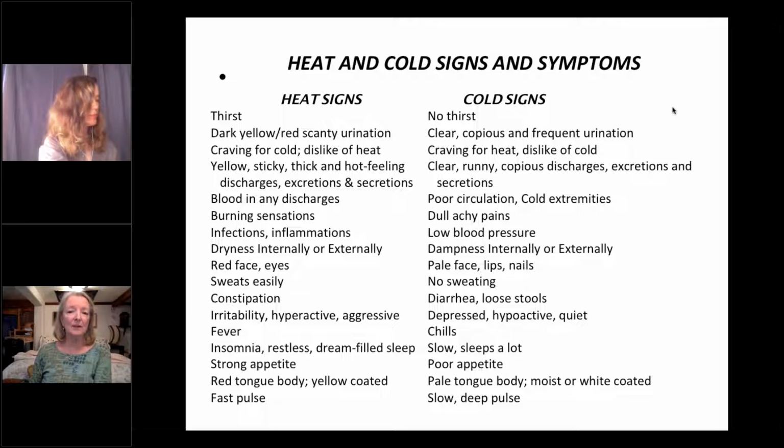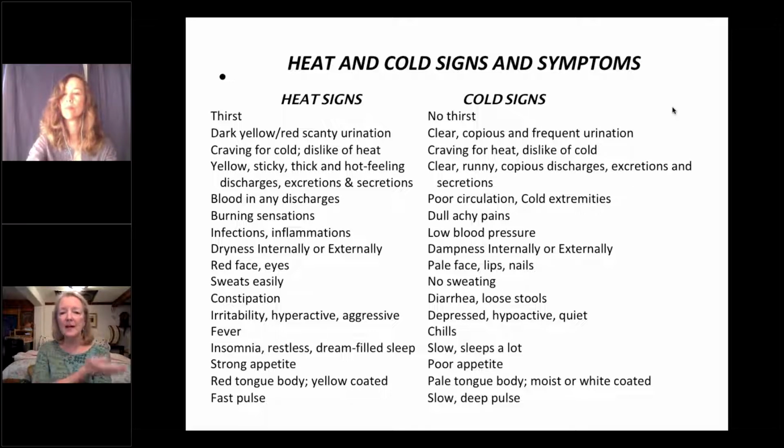Extremities tend to be cold, and then of course the whole body can be cold, or parts of the body can feel cold. More dull, achy pains instead of burning sensations, which is what heat has, tends more toward low blood pressure. When you have coldness and things aren't circulating as well, then they pool. So fluids in the body can pool and create dampness, or if they even congeal from there, phlegm.